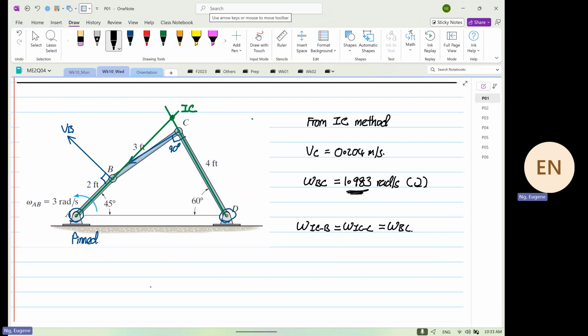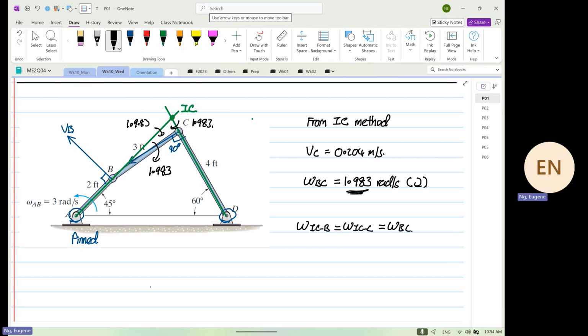Because the instantaneous center that we have just done is for IC B, BC, and C IC. So all of them will rotate in this direction, that is 1.983. So this will also rotate 1.983. This will also rotate in this direction 1.983, relative to IC. Are we clear?